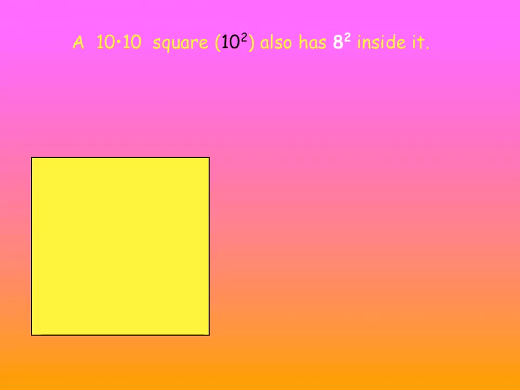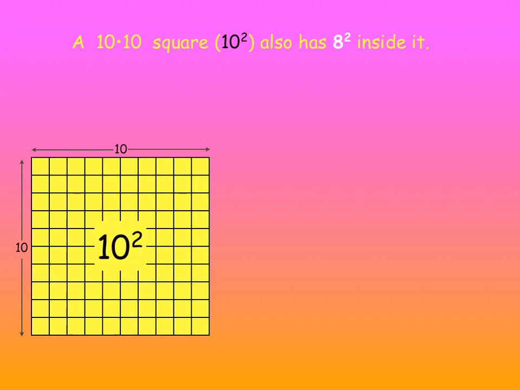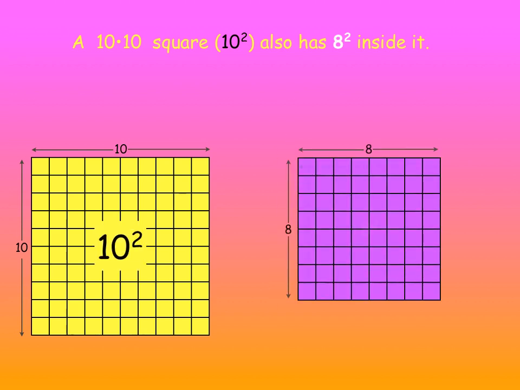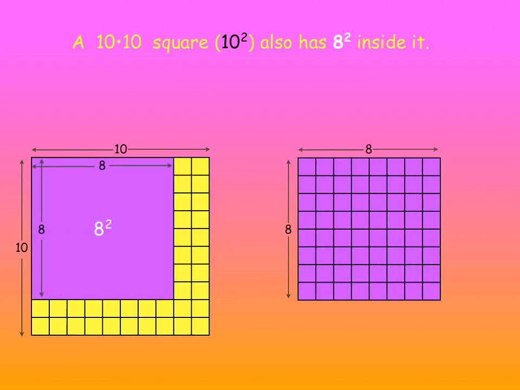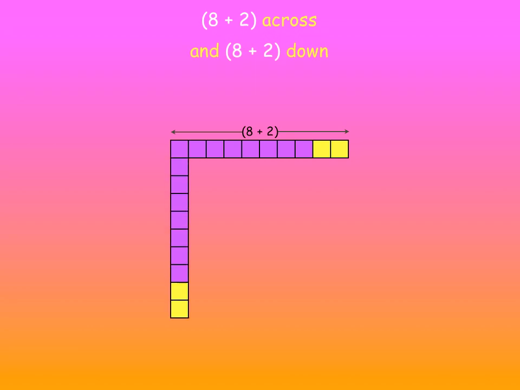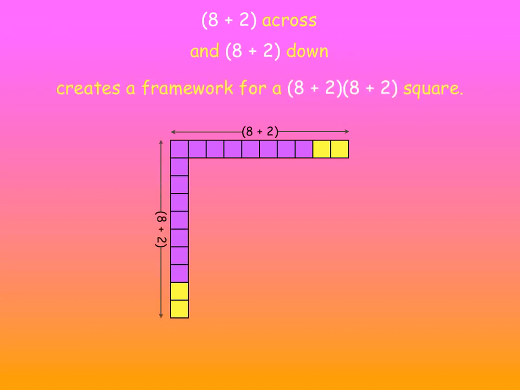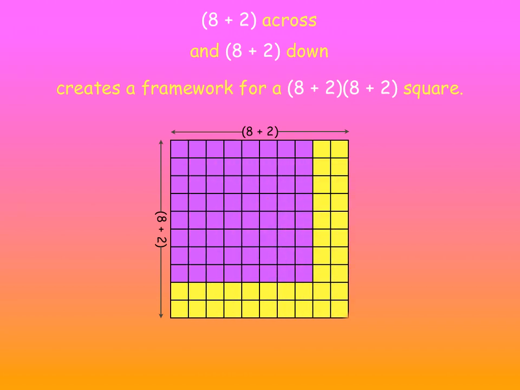A 10 by 10 square, or 10 times 10 square, also has 8 squared inside of it. Eight plus 2 across and 8 plus 2 down creates a framework for an 8 plus 2 times 8 plus 2 square.